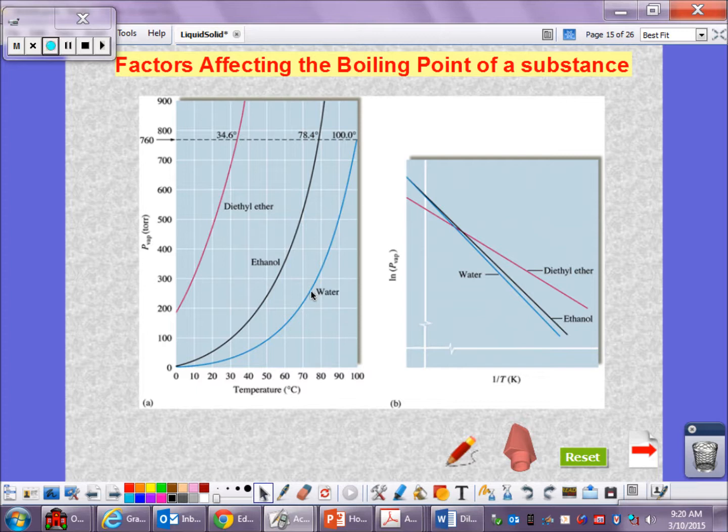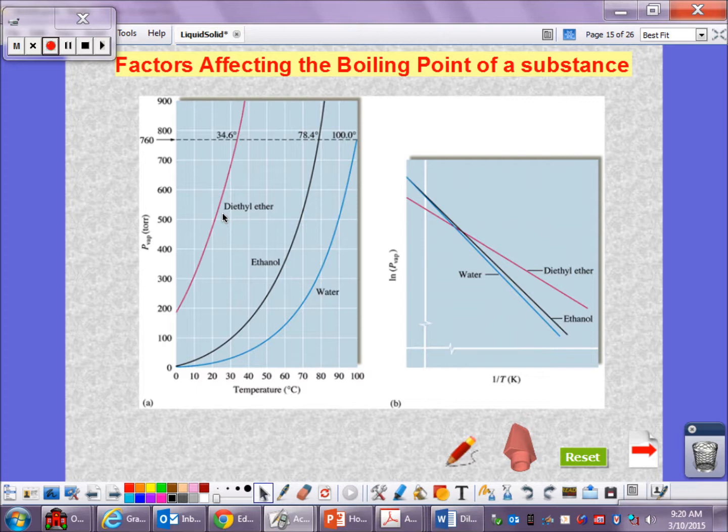As you can see, you need a higher temperature to vaporize water than you would need for ethanol. You need a higher temperature to vaporize ethanol than you would need for diethyl ether. And we will discuss in a few minutes why you need much higher temperature to vaporize water than the others.